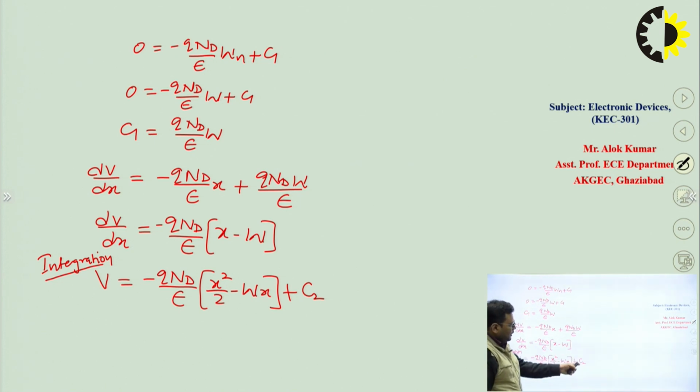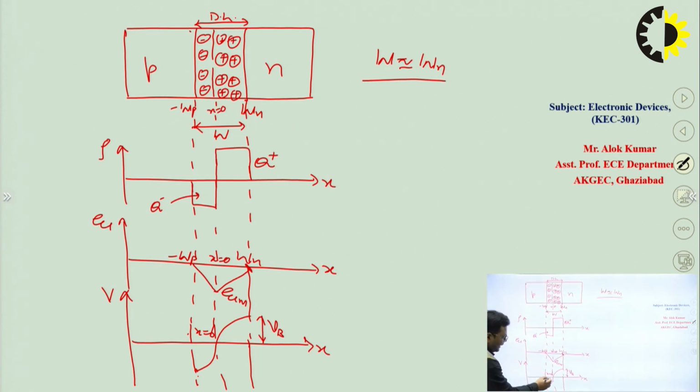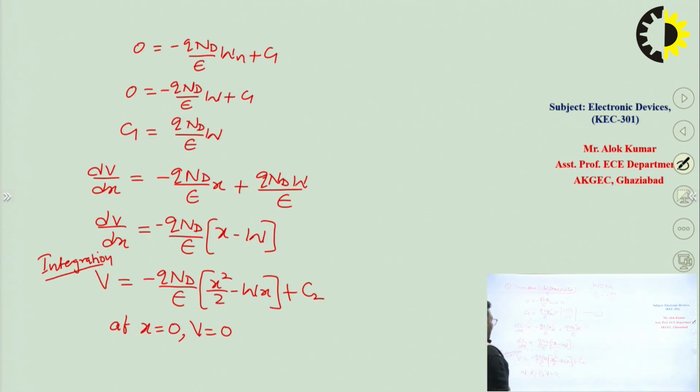Now I have to find the value of this C2 by applying the boundary conditions. What boundary condition can I apply? At x is equal to 0, V is 0. Here we can see in this diagram, at x is equal to 0, V is 0. Suppose this is equation number 3. If we put V is equal to 0 and x is equal to 0, C2 will be 0.